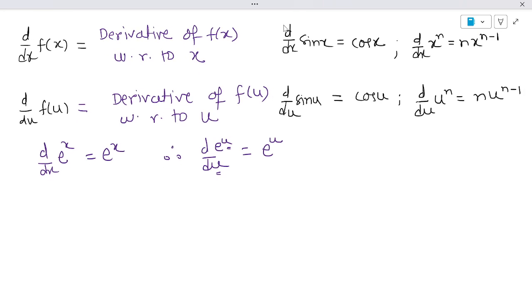Now consider the case we have derivative of f of u but with respect to x. तो फंक्शन में यहाँ u है और डेरिवेटिव with respect to x है. तो इसको हम चेन रूल से सॉल्व करते हैं and this chain rule is we have to write this as: this is equal to derivative with respect to u of f of u, into we write here du by dx. So this is the chain rule.